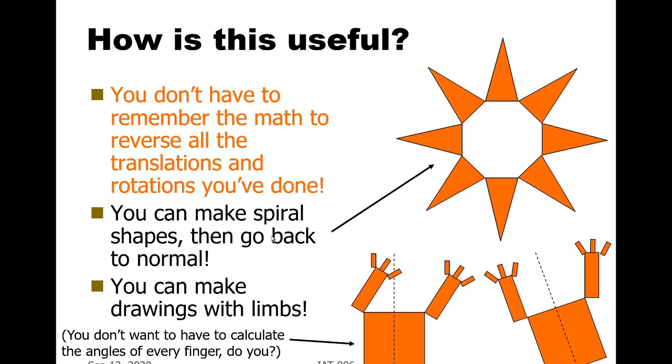So that means you can make a spiral shape and go back to the origin once you do the last popMatrix. When you're drawing these little robots, you would pushMatrix and draw the center, the body of the robot here. Then you translate and rotate to put your origin at the shoulder location, and then draw the arm.